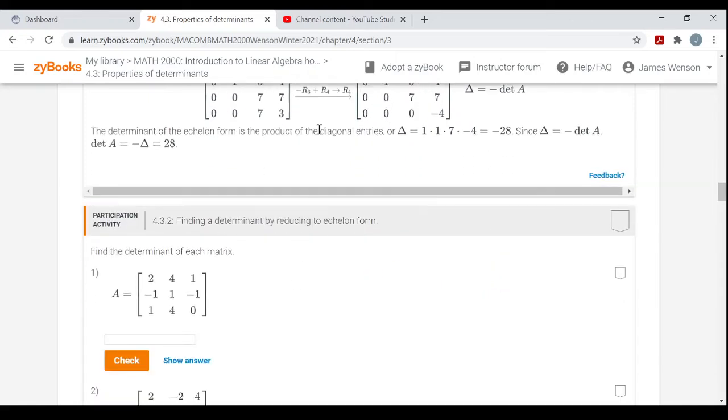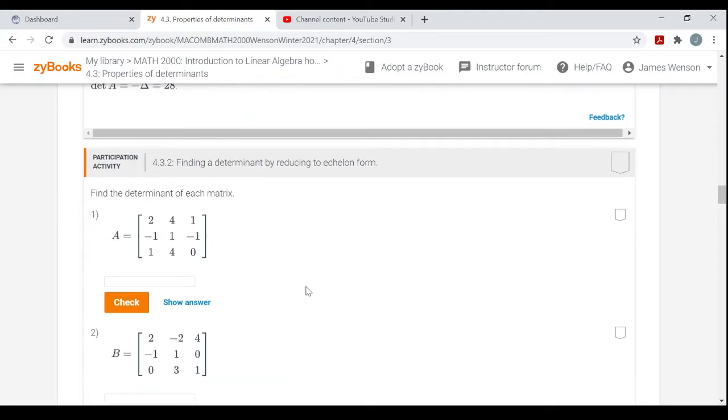They have a 4 by 4 matrix up here. I'm going to do the same thing with this 3 by 3, where we're going to use row operations to transform it into an upper triangular matrix, put it in echelon form, and then figure out what the determinant of the original matrix must have been.